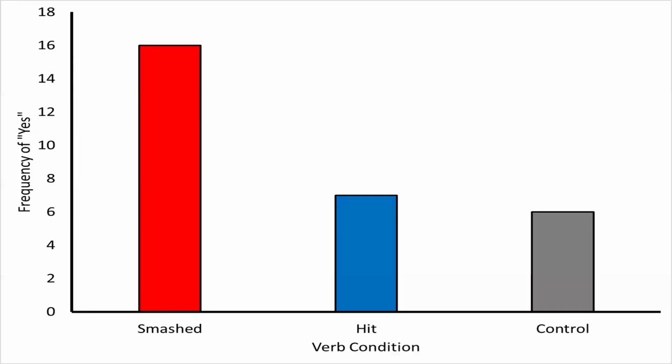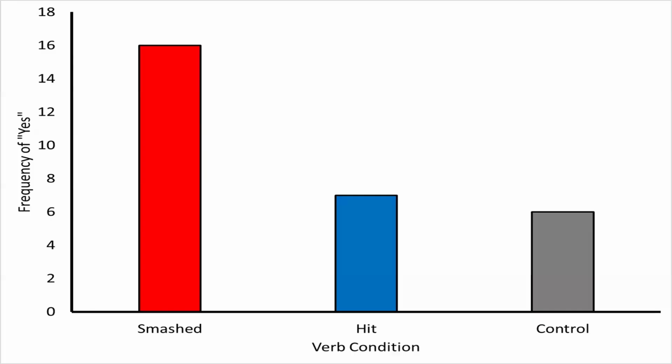So visually, this is a much more impactful way to communicate the real finding of this data, which is that the smashed condition made a huge difference in how many people had distorted memories of seeing broken glass. But the hit condition and not asking any questions about it gave a much smaller effect of rewriting that memory in an incorrect, false way.